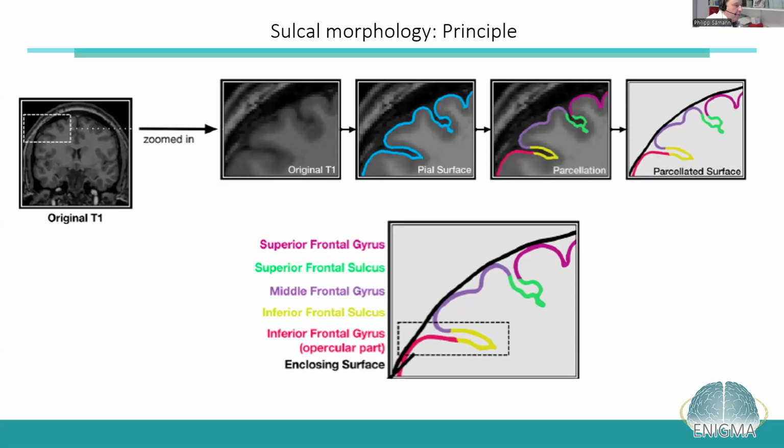So in this example, we are deep diving into the inferior frontal sulcus, which is plotted here in yellow, that connects the middle frontal gyrus and the inferior frontal gyrus. You also need an additional artificial plane, I would call it, that is called the enclosing surface. It's a plane that connects the tips of the gyri.